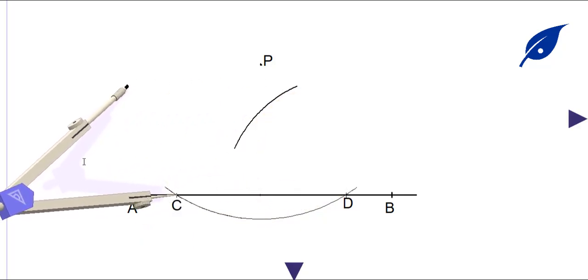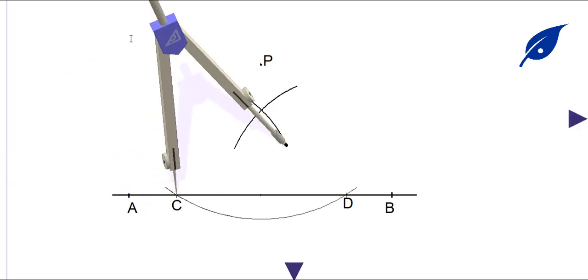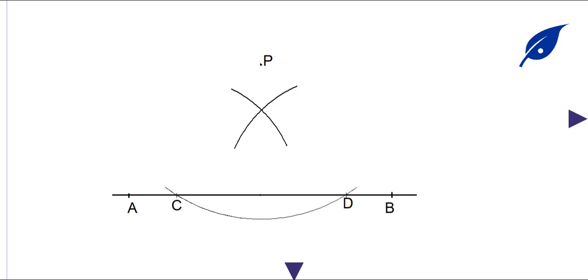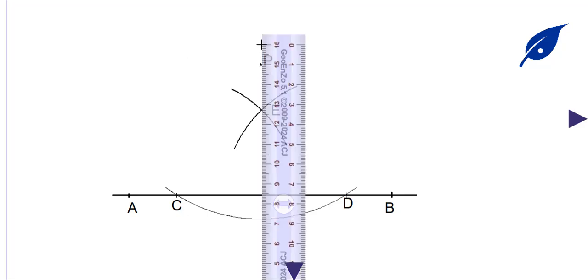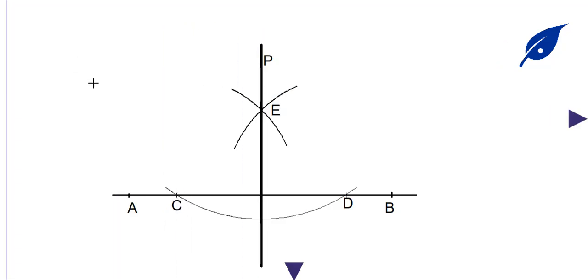Then with the center of the compass at C, described with the same radius, when they meet to form a new point E, we connect the point P and E down to the line AB to form a perpendicular line to the line AB.